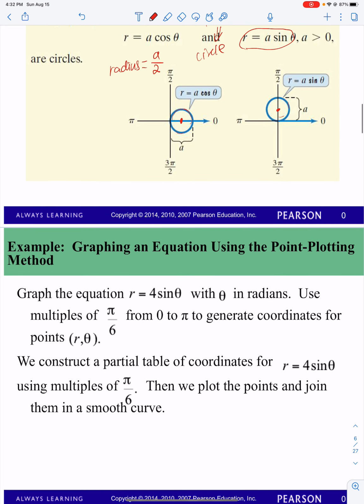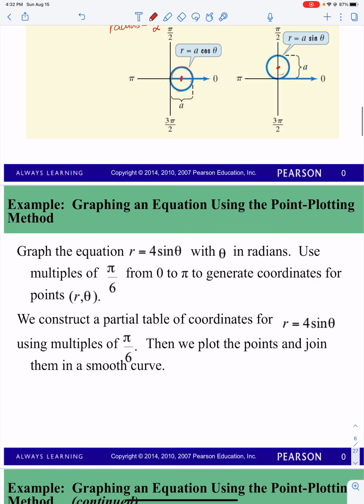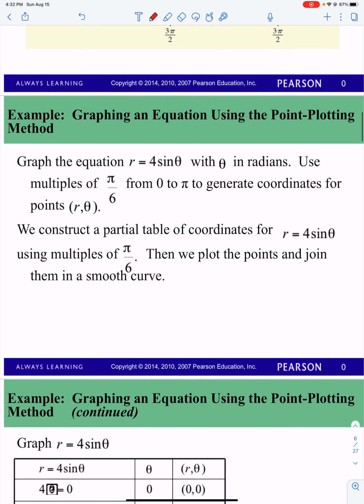Graph r equal to 4 sine theta. Use multiples of pi over 6. That's too much, so I only want you to remember to sketch the graph. R equal to 4 sine theta, where will the circle be? It will be on top of the polar coordinates.